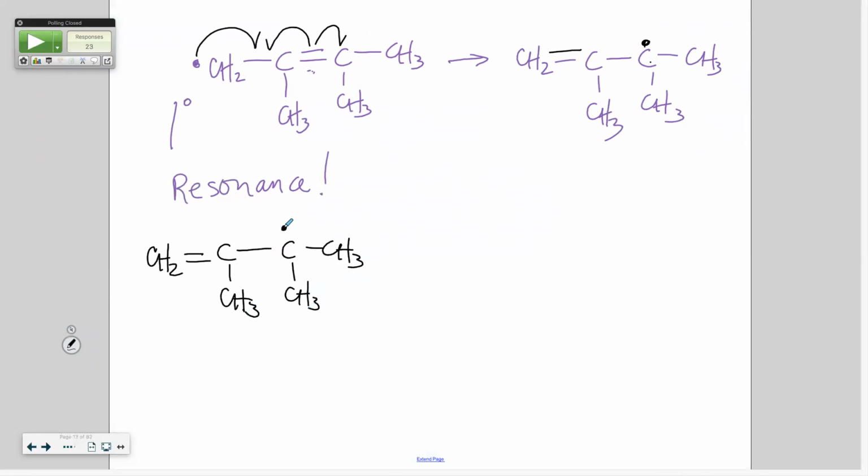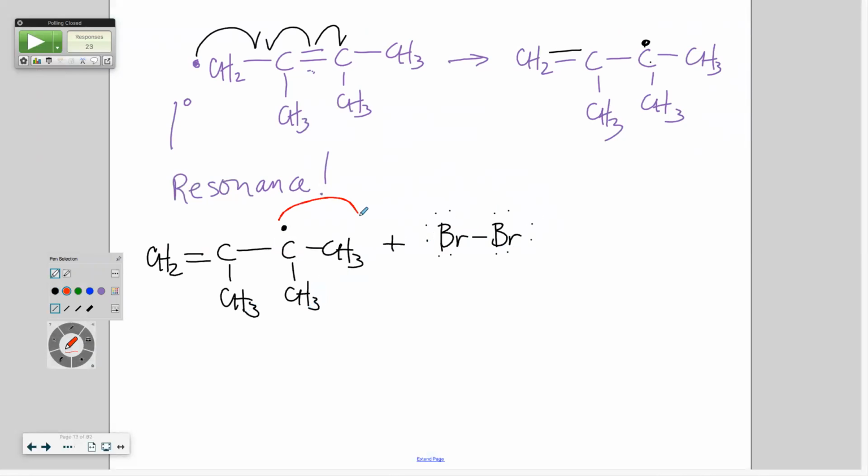Okay, that is going to react with this. So this electron and one from this bond make a new bond. And what happens to the other electron in here? It goes to the bromine.